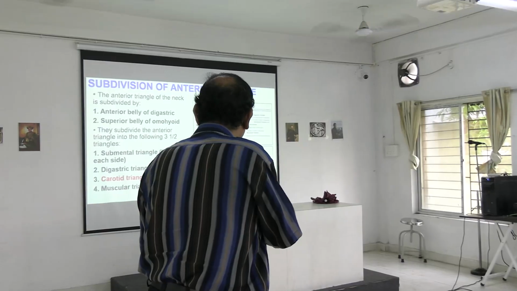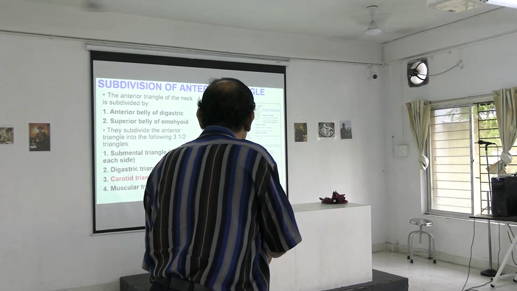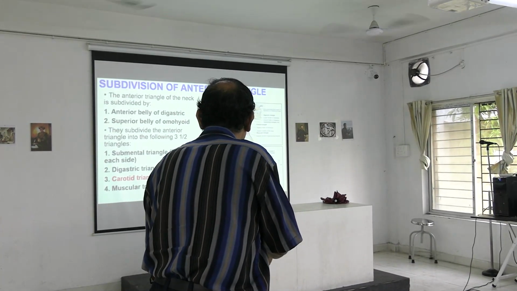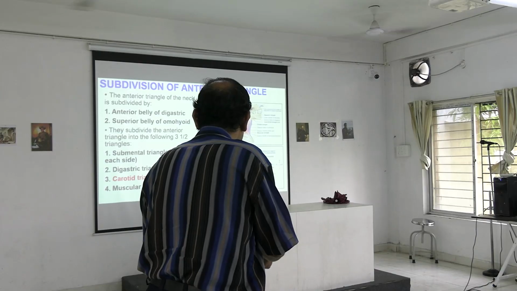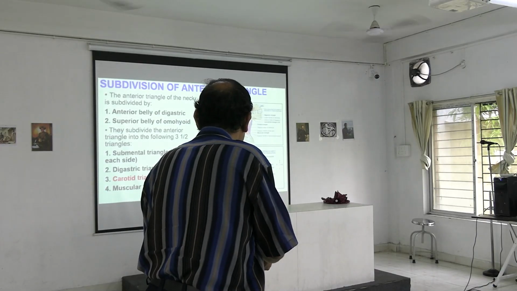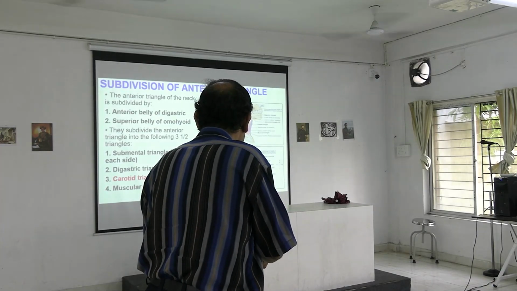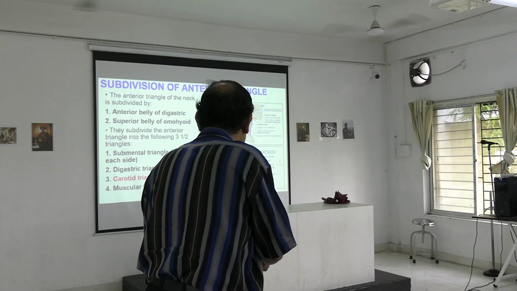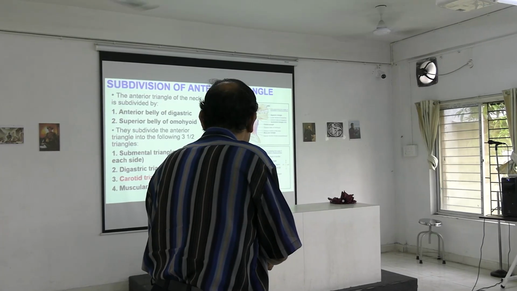That muscle has one anterior belly and one posterior belly, so it looks like a triangle. This is the anterior belly and this is the posterior belly.